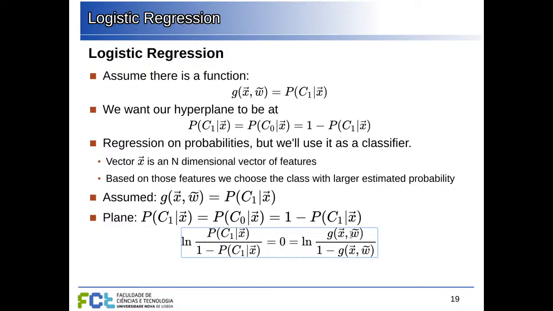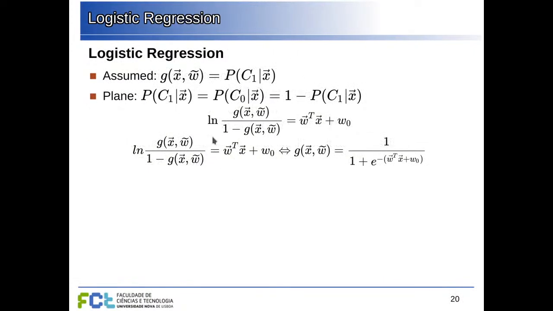By rewriting this expression using the g there, and assuming that we are trying to find the hyperplane, so we have a linear classifier, we can rewrite this in this way. The plane where this is at 0, the logarithm of our function divided by 1 minus the result of our function, will be defined by these parameters.